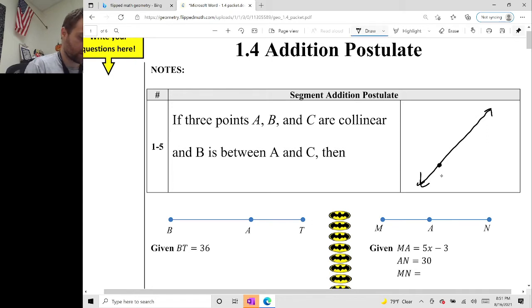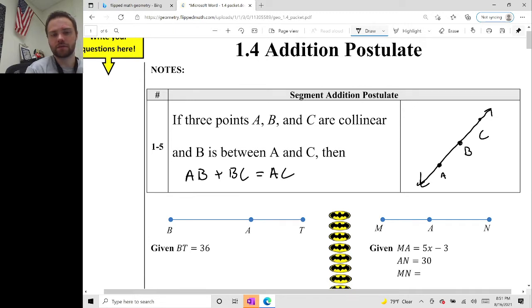And I've got A, B, and C. And what this postulate is talking about: if 3 points A, B, and C are collinear and B is between A and C, then the distance from A to B plus the distance from B to C is going to equal the entire distance.